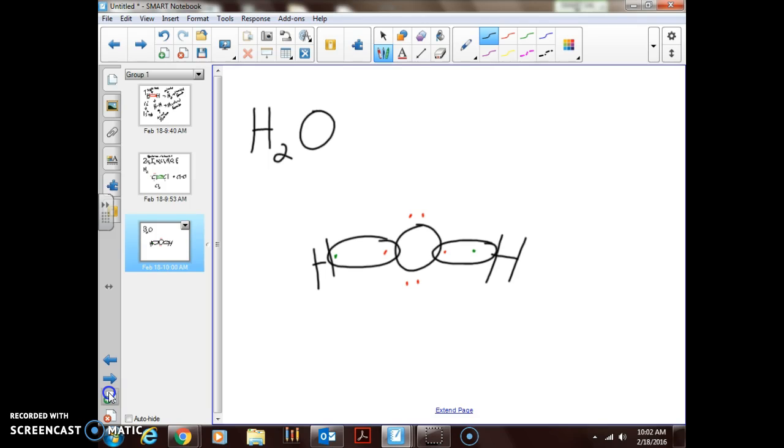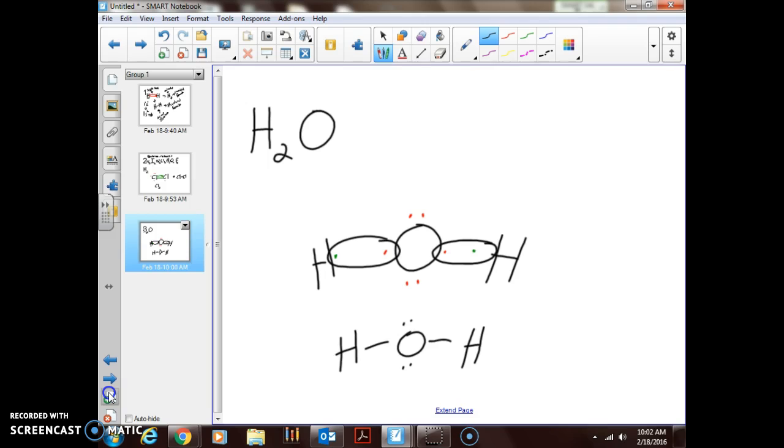If we were to write the structural formula for this, we are going to replace these circle pairs with dashes, and that is our water molecule. Now, that's not really how the geometrical arrangement of these atoms in water is.